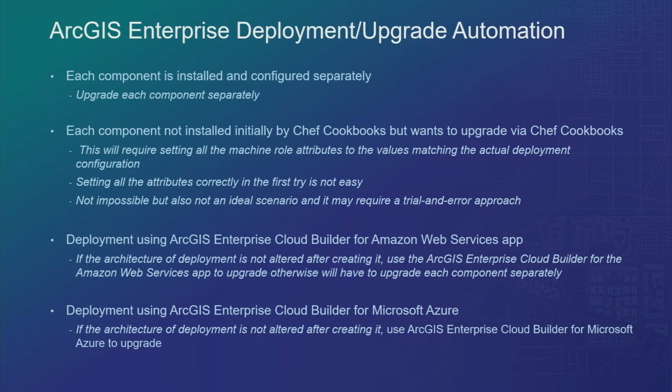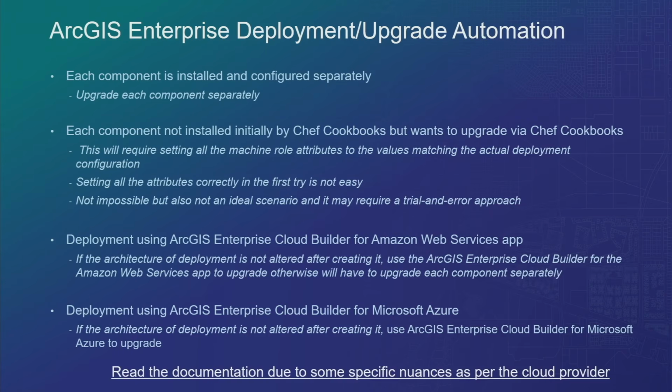Like you started with Cloud Builder, but you manually added more things to it, and then Cloud Builder will be like, I don't understand this properly, and you cannot use that method. So something to keep in mind: the way you start is the way you're going to continue to upgrade. Obviously, there's a lot of documentation, and there are nuances around each cloud provider, and there are always some changes around each version based on cloud provider offerings. So keep that in mind, and that's where product documentation comes in handy.